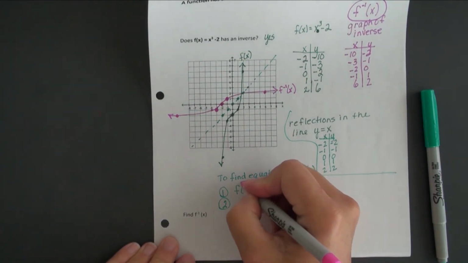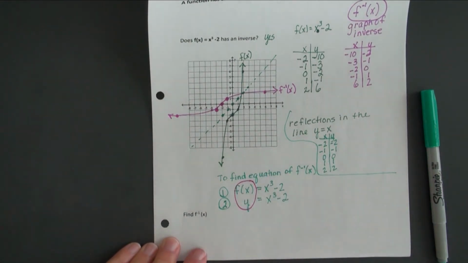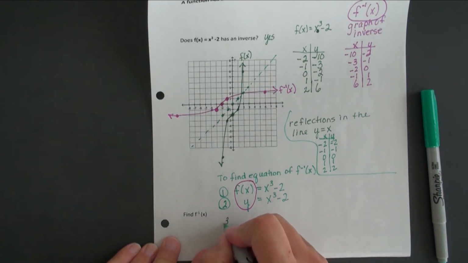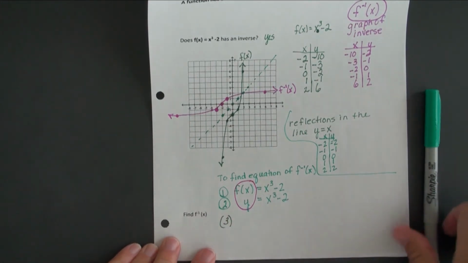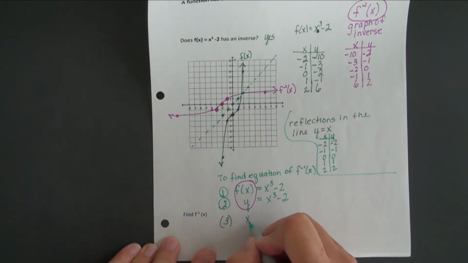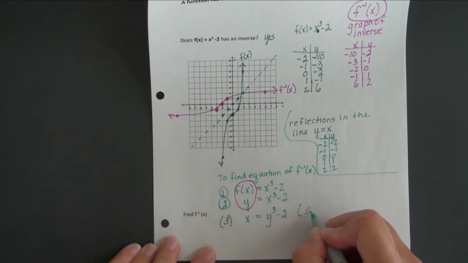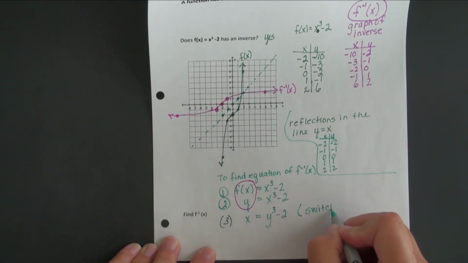All I've done in this step is replace f of x with y. Now the third step, I'm going to take this equation, and everywhere there's a y, I'm going to put an x, and everywhere there's an x, I'm going to put a y. So I just switched my x and y's.